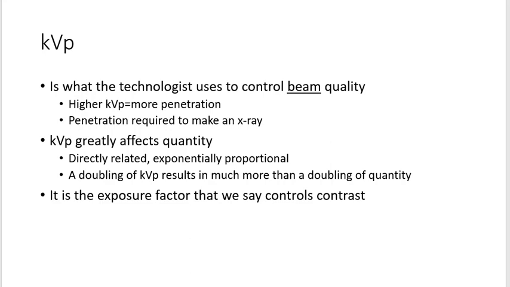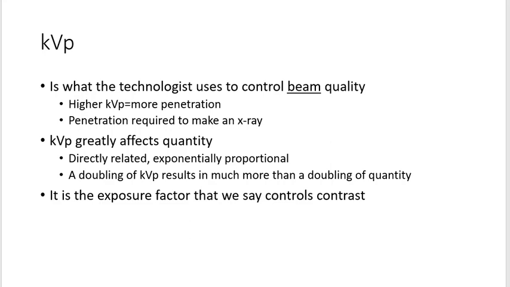But remember, the entire area under that bell-shaped curved line, that bubble, represents the number of X-rays that you create. So whenever you increase your kVp, the height of that bubble goes up and it pushes towards the high energy side. But the height is what we're talking about here.